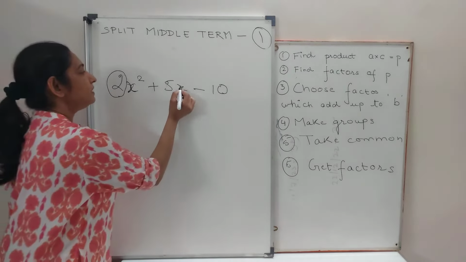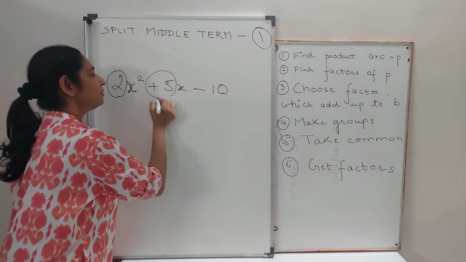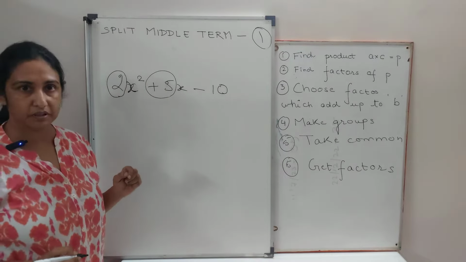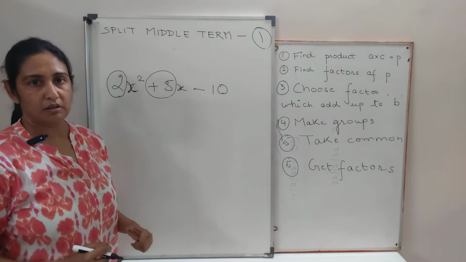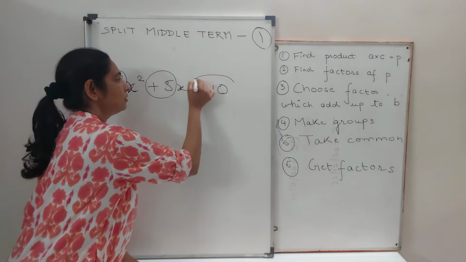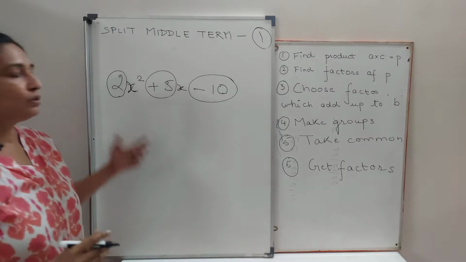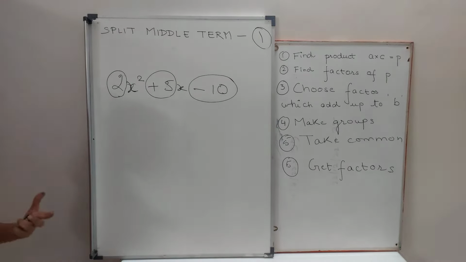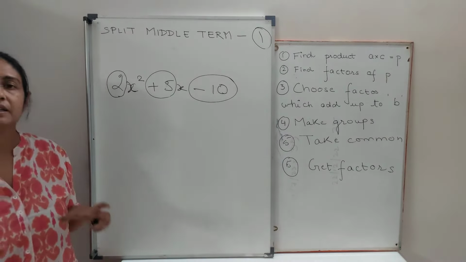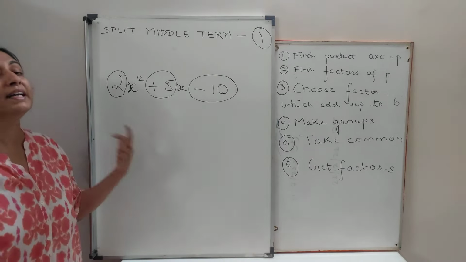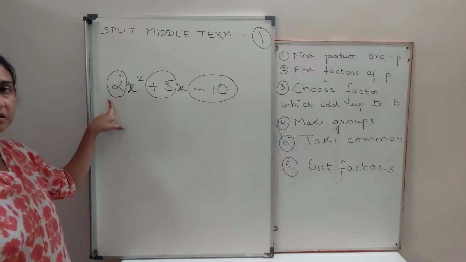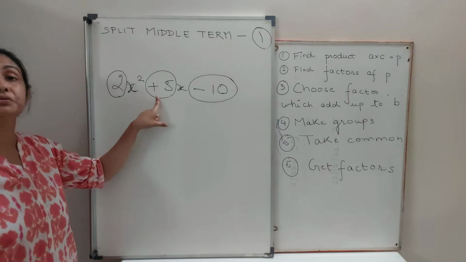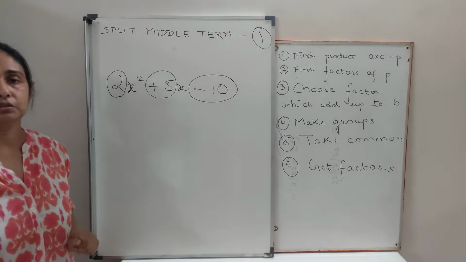Then you also have an x term and you have a coefficient before it. You have a term which does not have x at all. That is called the constant term. So in any quadratic expression or equation, you might have three things: coefficient of x square, coefficient of x, and a constant term.